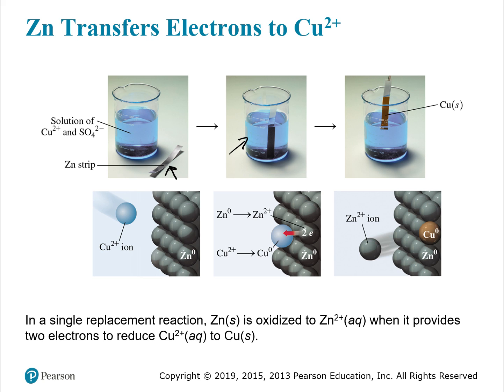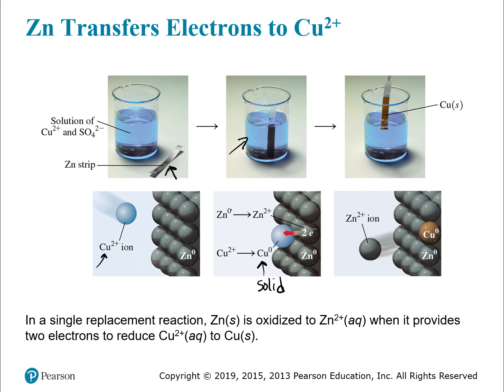What happens here is you've got copper ions in solution, so 2 plus, right? They can gain electrons and become copper solid with a neutral charge or no charge. That copper, which again is solid, is deposited onto the strip.